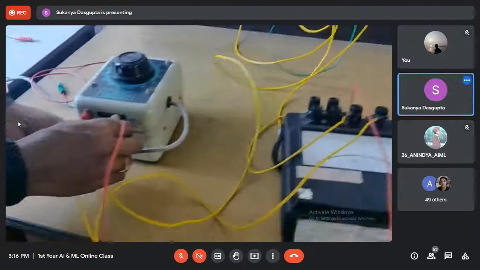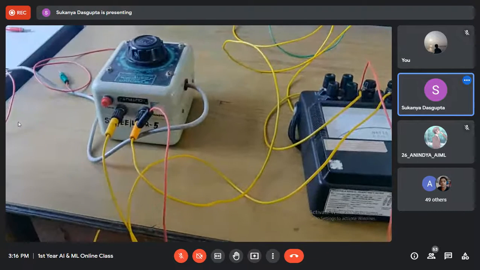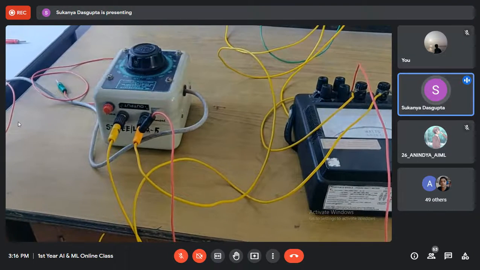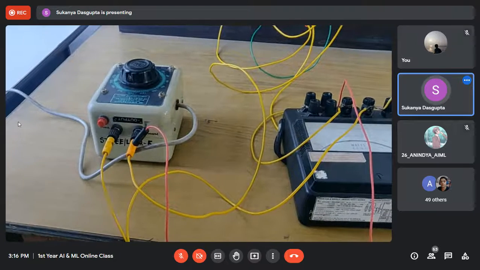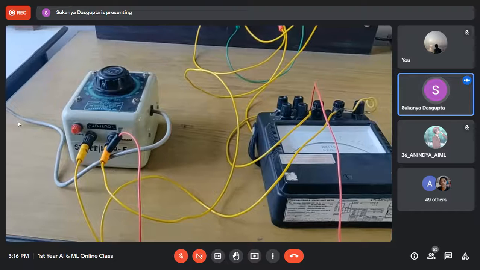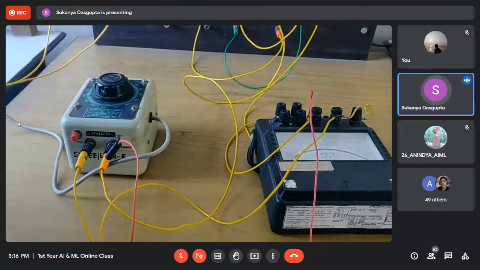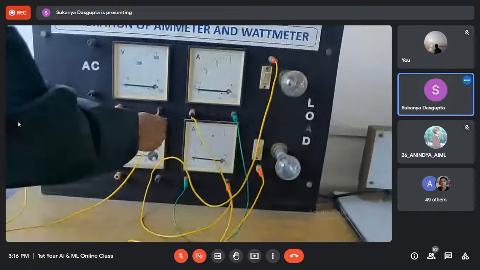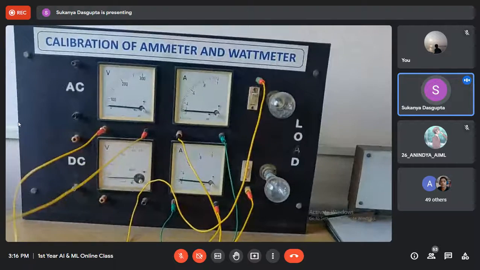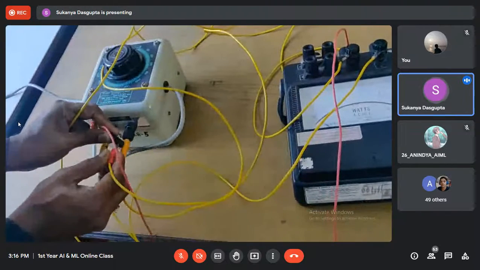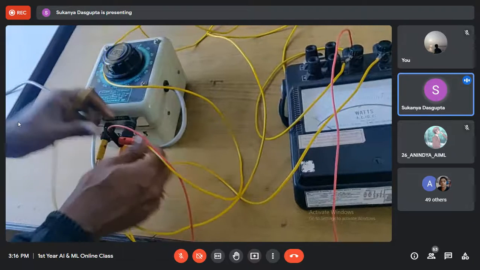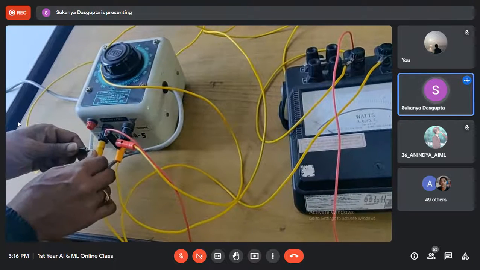Neutral. One connected, neutral, and phase.